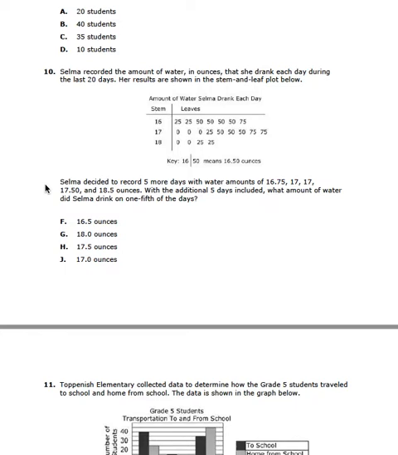With the additional 5 days included, what amount of water did Selma drink on 1/5 of the days? F. 16.5 ounces. G. 18.0 ounces. H. 17.5 ounces. J. 17.0 ounces.